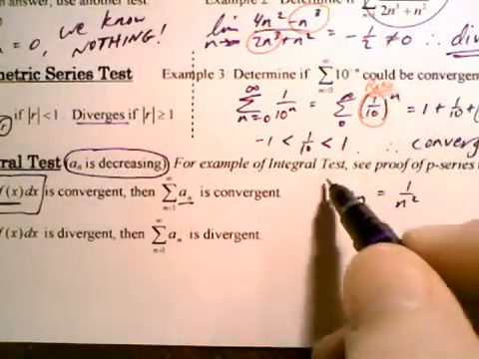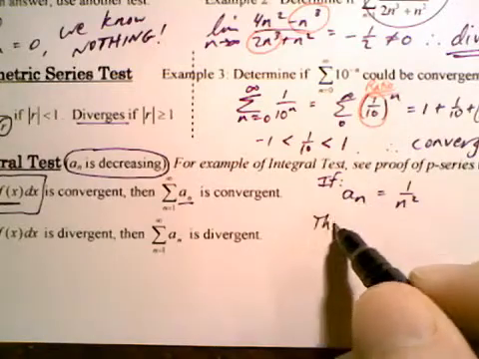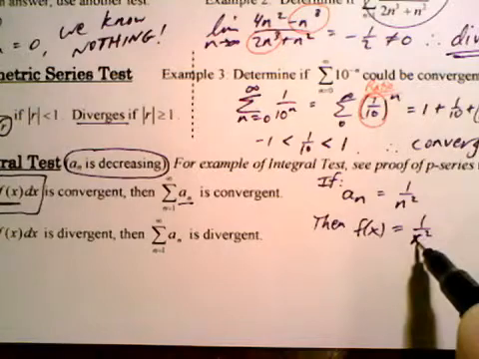If a sub n is 1 over n squared, then f of x would be 1 over x squared.